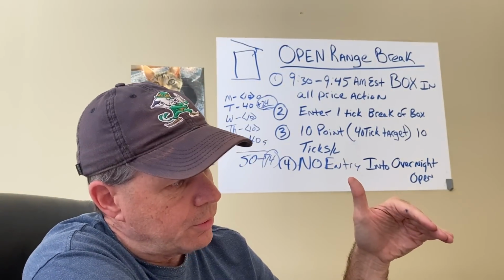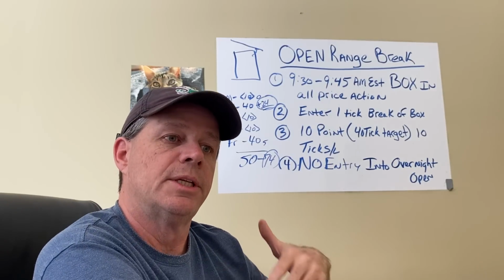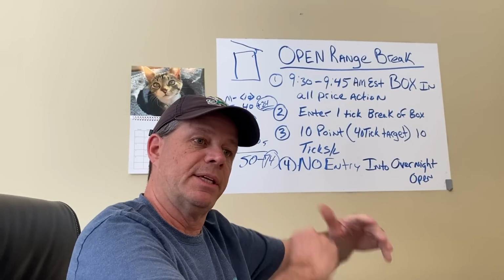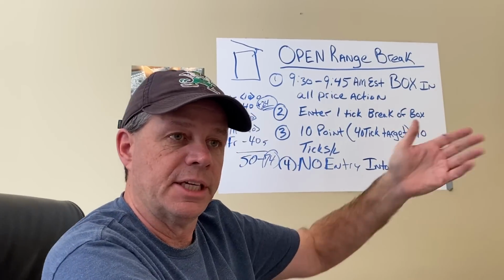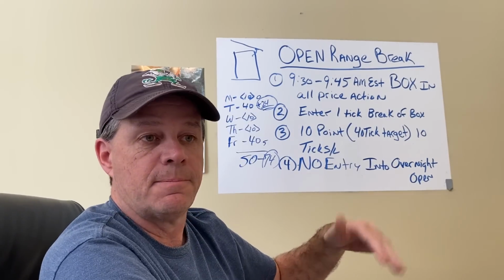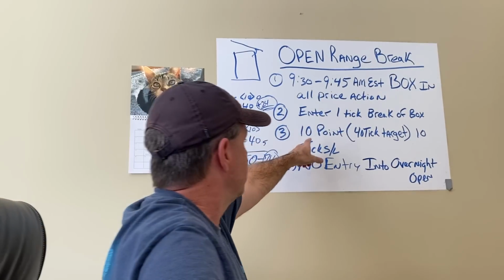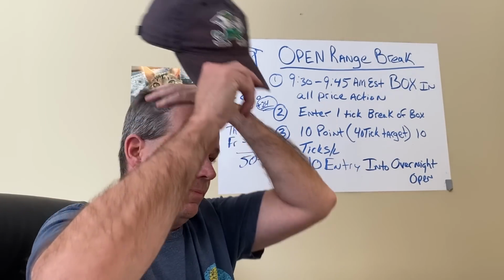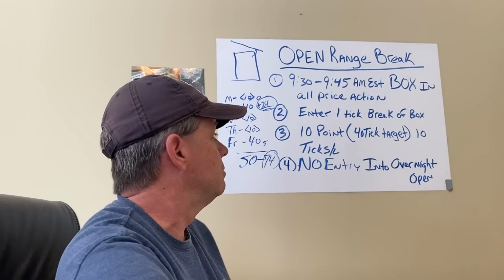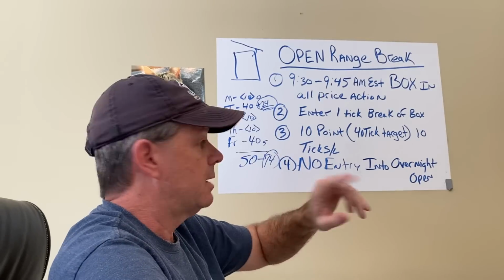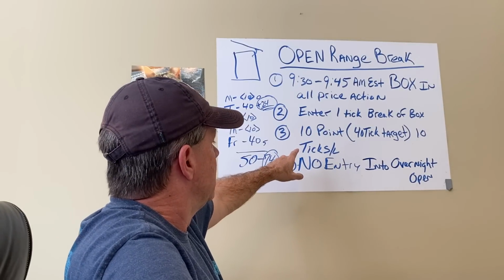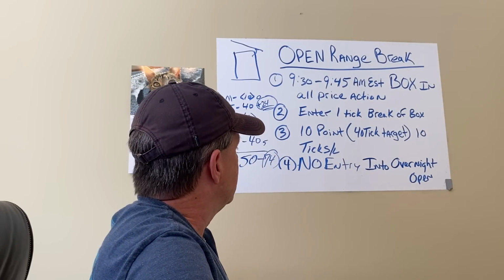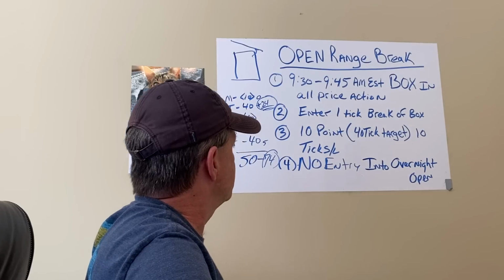Throw your stop below your break candle's pivot, the bottom of that candle, if it's less than 10. And then your target is 40 ticks minimum. So you're looking for a 4-to-1 minimum. I'll talk about that in a minute. And so you've got a 10 tick stop loss.